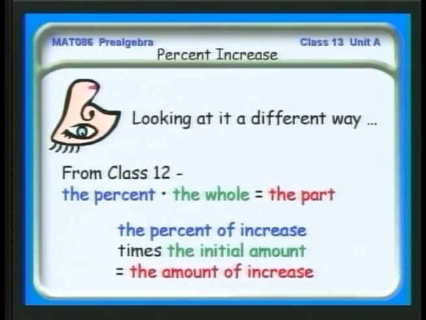The percent of increase, which is equivalent to the percent we talked about in class 12, times the initial amount, in other words the whole in class 12, is equal to the amount of the increase, which is the part. In a way, if we look at the original definition algebraically, this is just working it a little bit backwards.